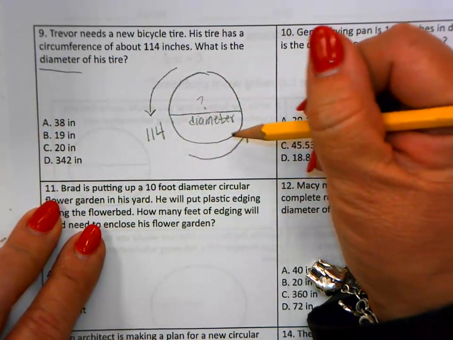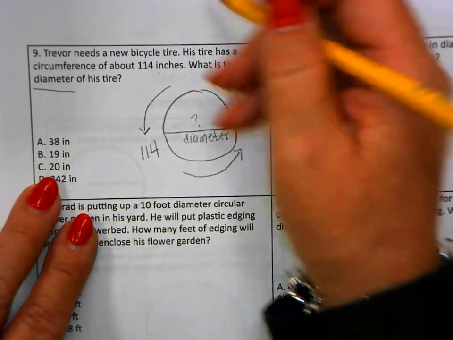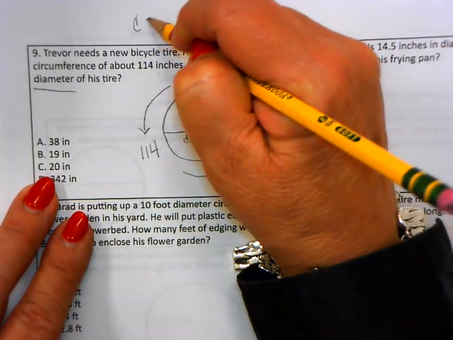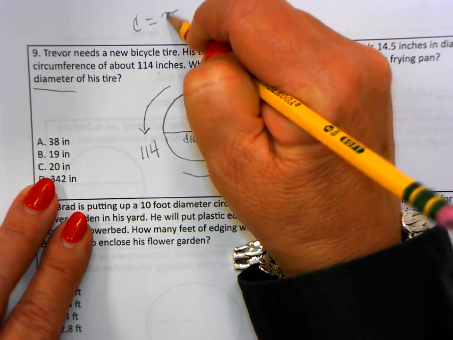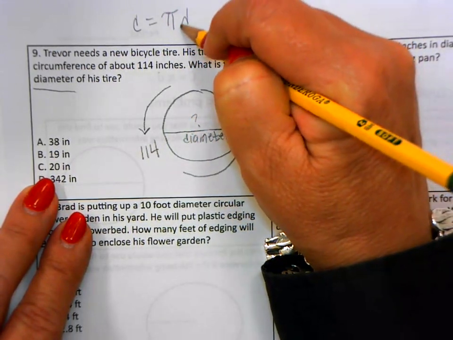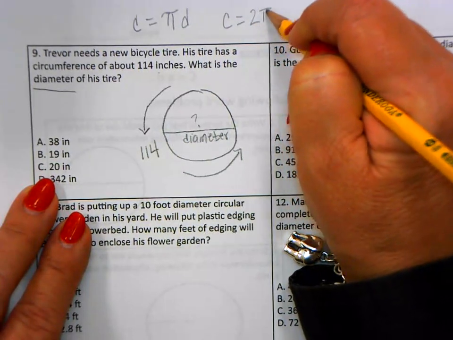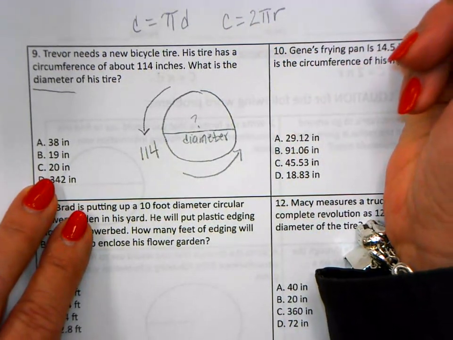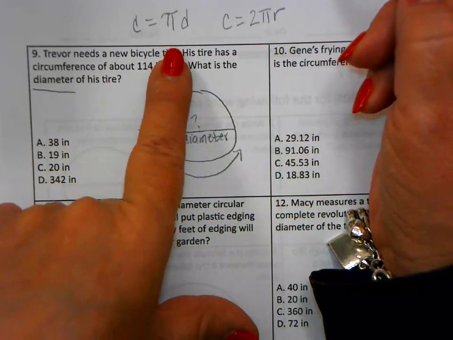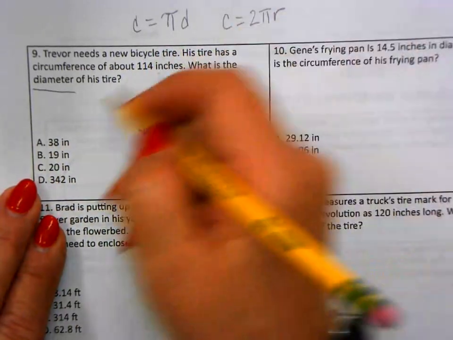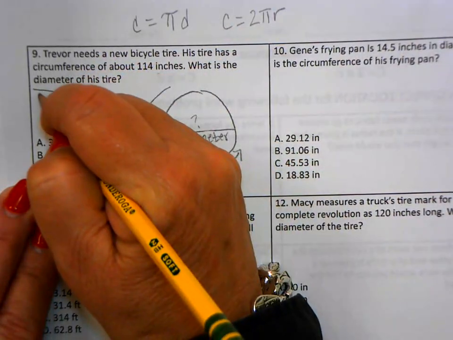Now I need to find out which formula I am going to use to solve. So I have C equals pi d, for diameter, or circumference equals 2 pi times radius. Because I'm looking for the diameter, I'm going to use this one right here. So it's going to be C equals pi d.